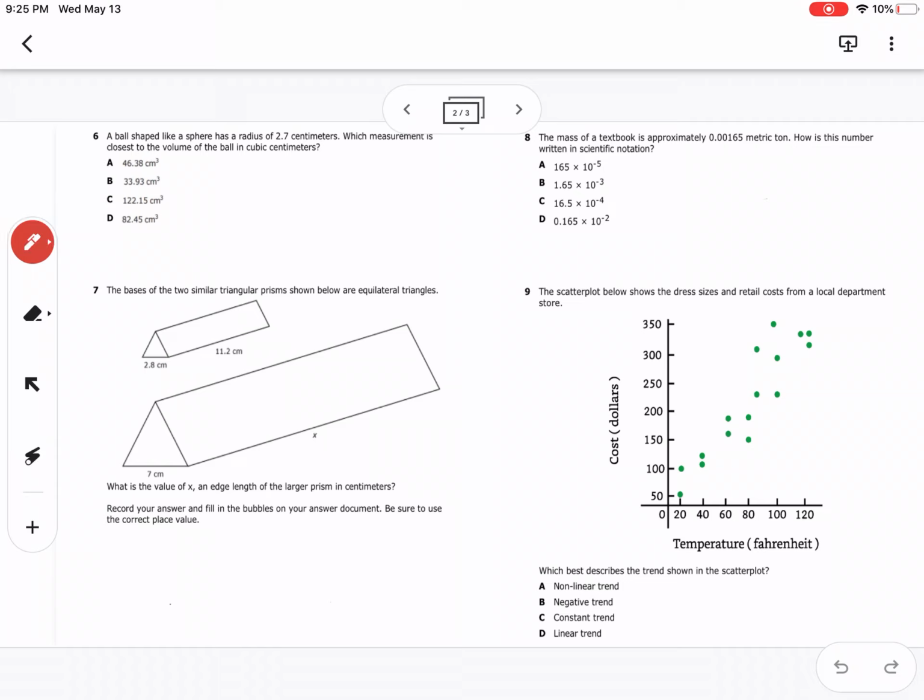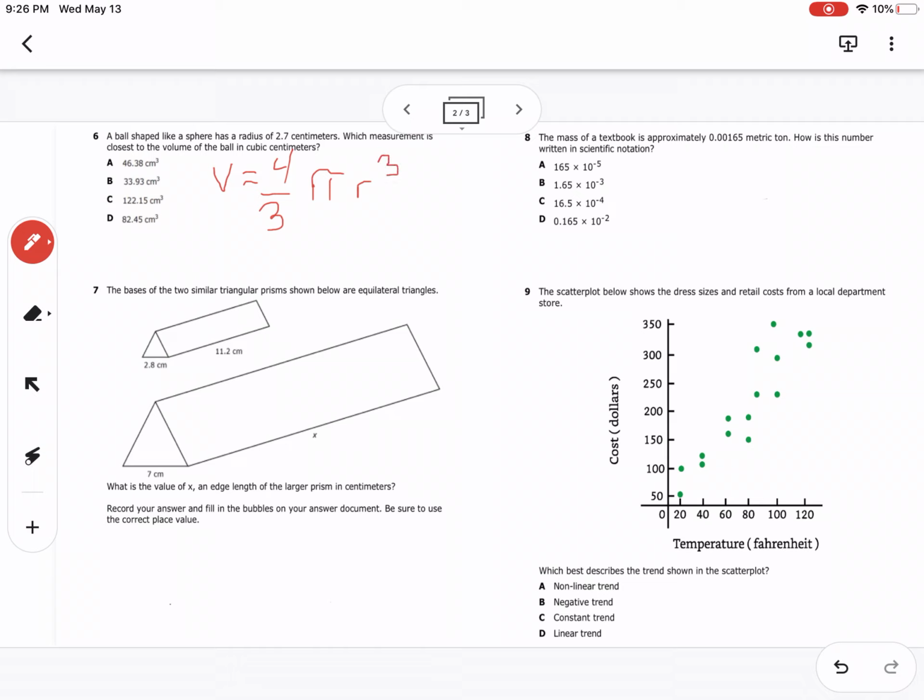So, in order to find this, we need to know what our formula is, and I have it right here. So our formula to find volume for a sphere is volume equals 4/3 pi radius cubed. Okay, that's our formula.